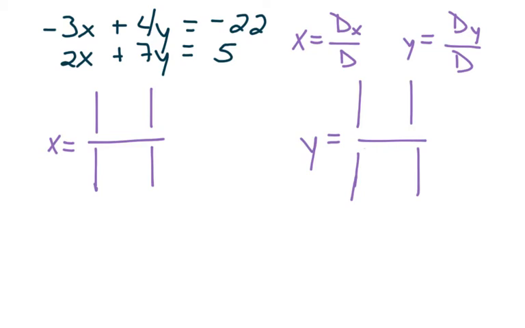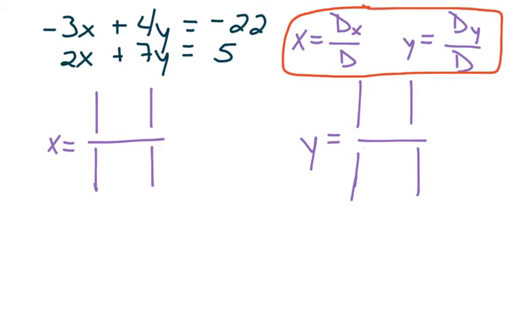Okay. Now you'll notice here is our nice little setup to solve for our values. X is going to be equal to the determinant sub x, D sub x, over D, the determinant. What determinant are we talking about there? D is going to be our coefficient matrix, or the coefficient determinant.